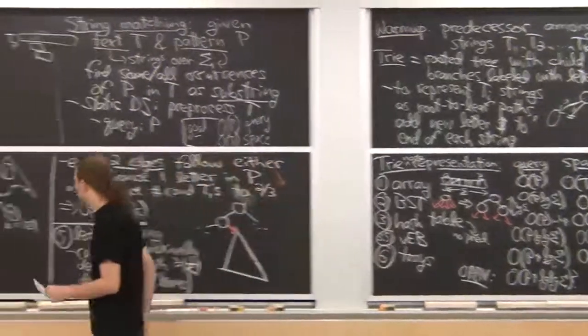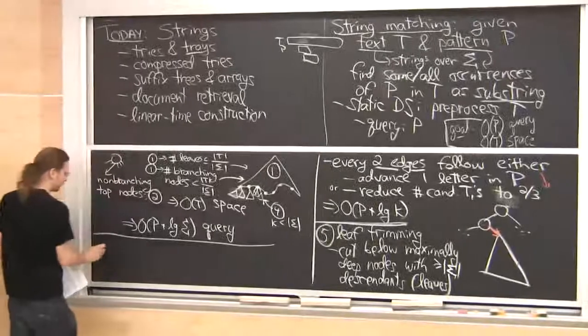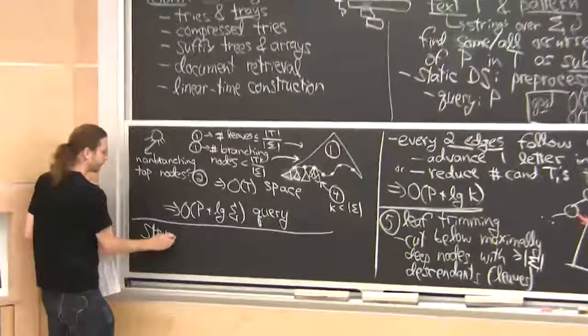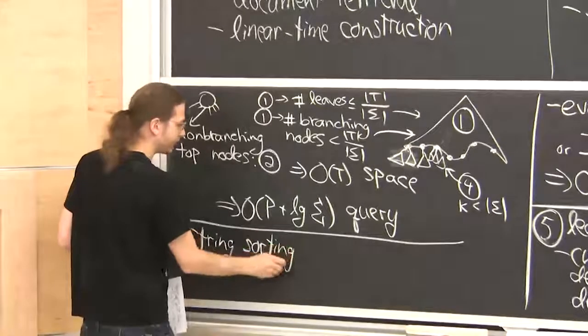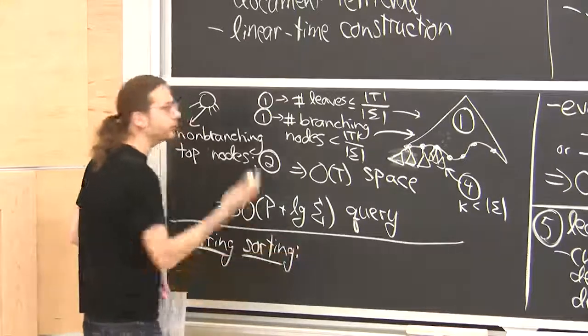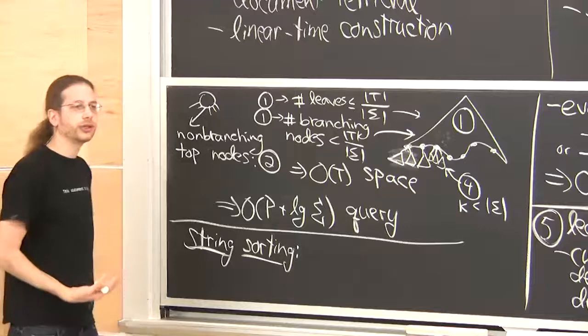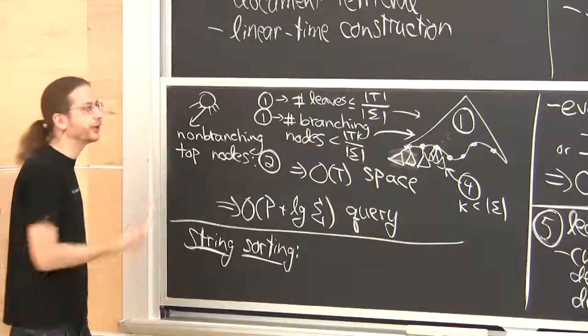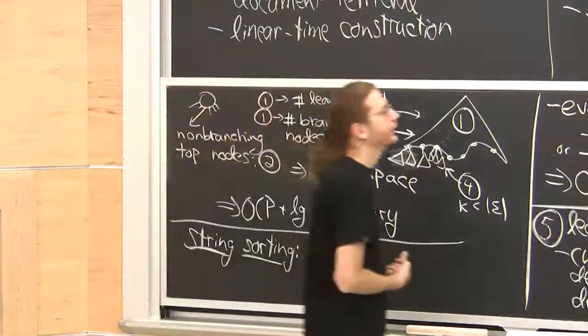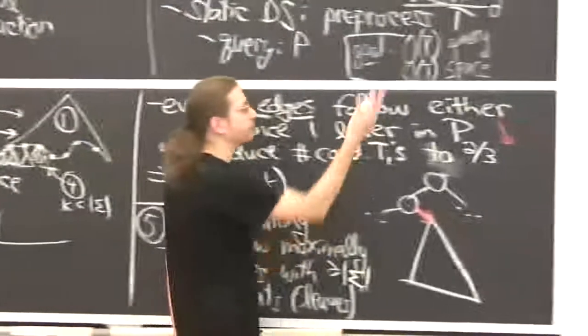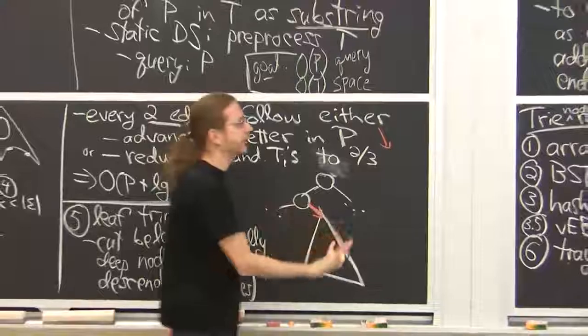One fun application of this is string sorting. It's not a data structures problem, so I don't want to spend too much time on it, but you use this trie data structure to sort strings. You just throw in a string and then throw in a string. We didn't talk about dynamic tries, but it can be done. If you throw it in, you just find where you fall off and then add the thing.